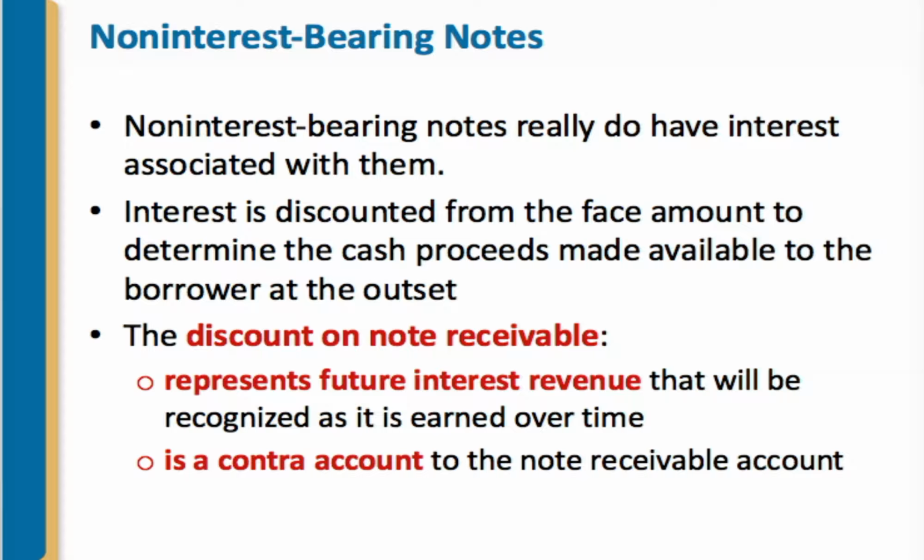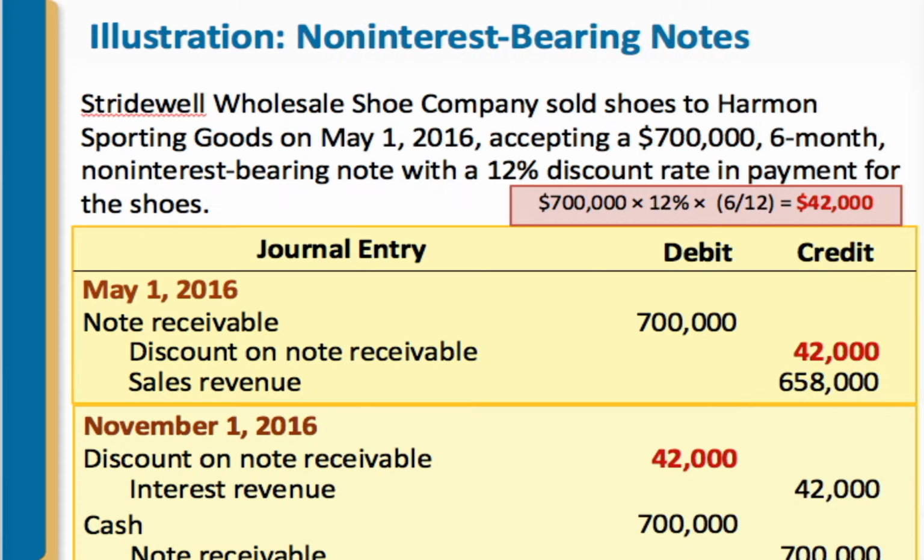So basically, the note is not changing, but the amount that you actually received as your initial loan is lower to account for whatever the interest rate is that you'll end up paying back.